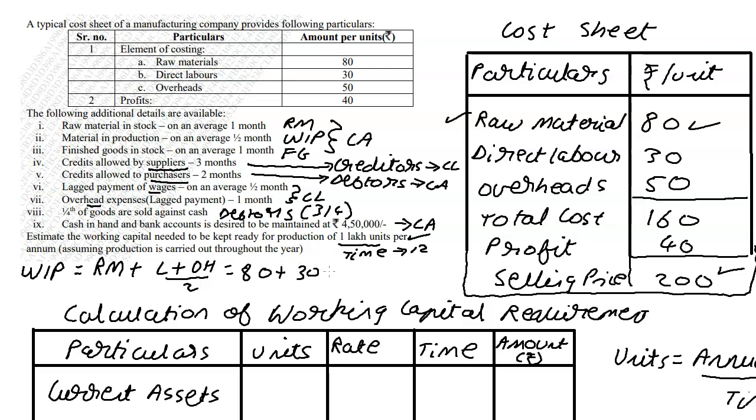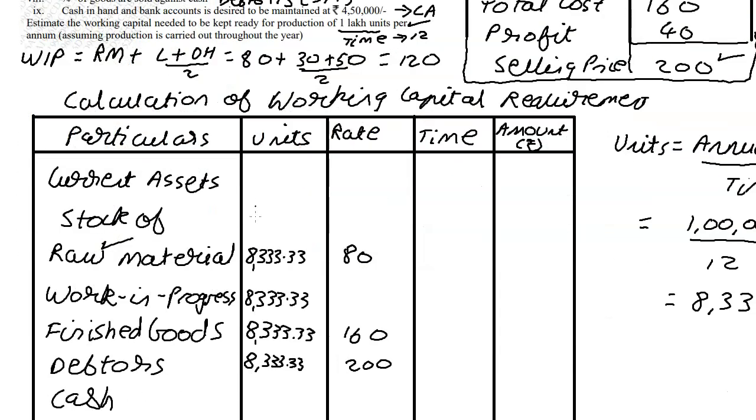Overheads is 50. So 30 plus 50 upon 2. Now do it on the calculator, and please remember there's imaginary brackets here even if it's not there. Why? Because there's a division here. 30 plus 50 is 80. 80 upon 2 gives you 40. So 80 plus 40 is equal to 120. Your work in progress amounts to 120. Okay, so your rate over here is 120.